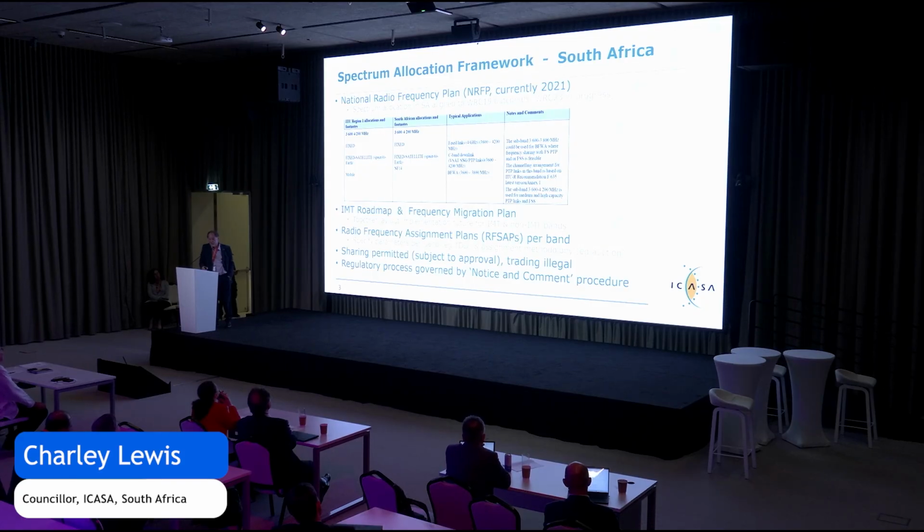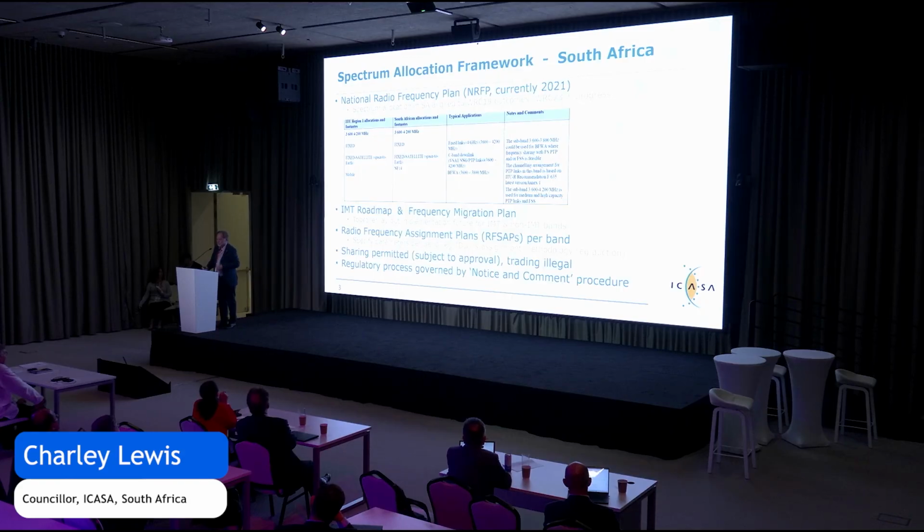So what's the approach that we use in South Africa to assign spectrum and allocate spectrum? So that's where I thought I would start. The allocation framework in South Africa obviously primarily derives from the work that comes out of the ITU. So we have in place a national radio frequency plan.